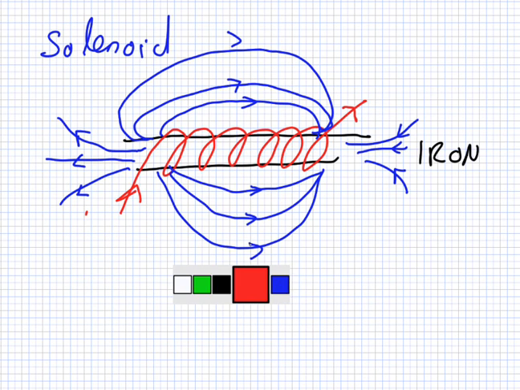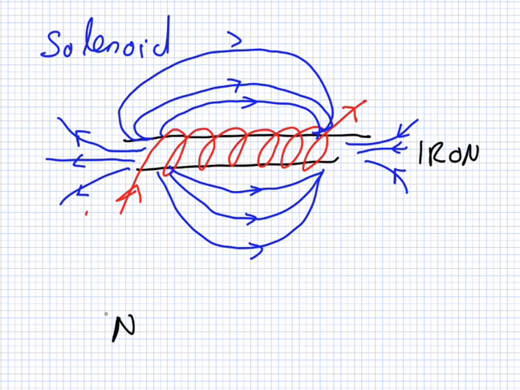It's a bit like making a magnet. The magnetic field goes to the right here. The way to remember it for the solenoid is that it goes in the same direction here as the current is going in.